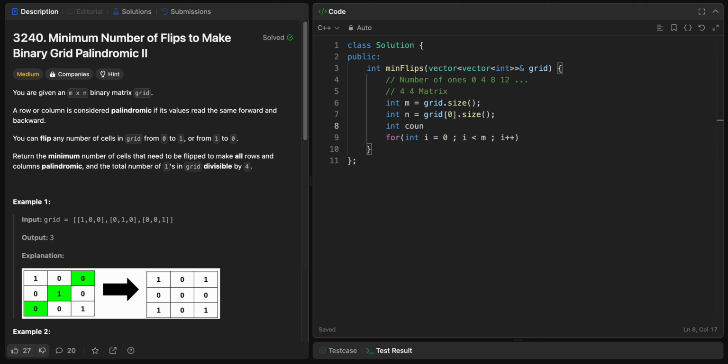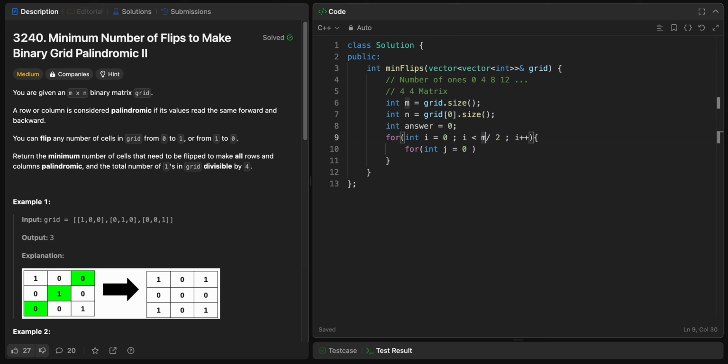I'll call it int ans equal to 0. And now, I'm going till m by 2 only.